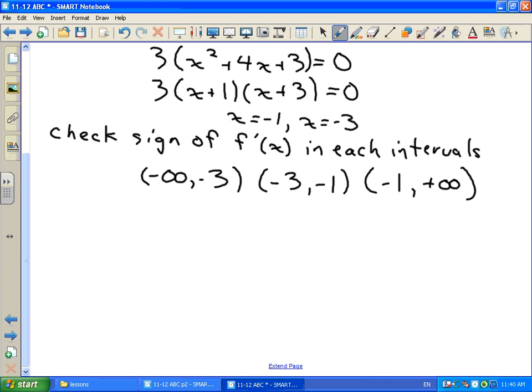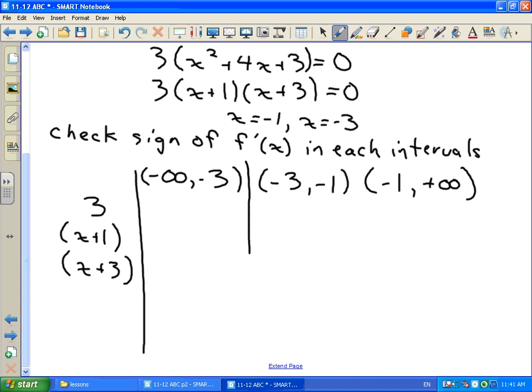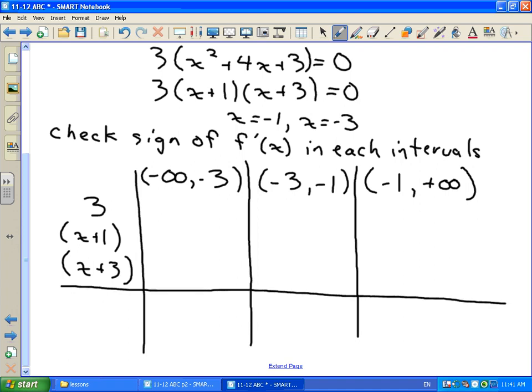And we want to check the sign of our derivative. Well, let's see. Our derivative, we've already factored it to 3, x plus 1, and x plus 3. So we want to check the sign of each of these terms in each of these intervals. And by doing that, we can figure out what the sign is of our entire derivative.